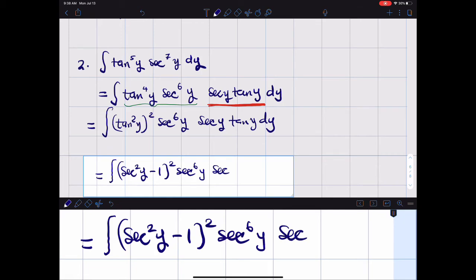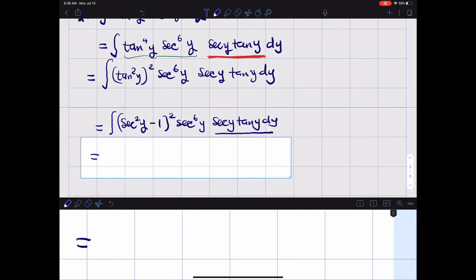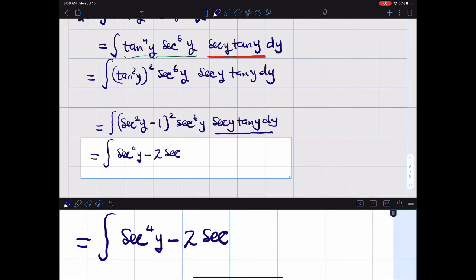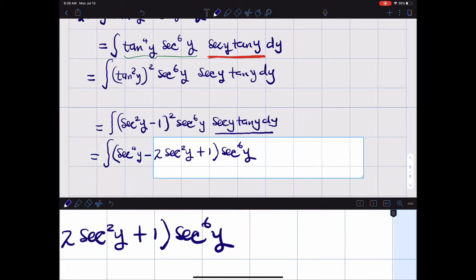And then we have secant y tangent y dy. Remember, this is what we're saving. Okay, now we expand. If you expand this, you get secant to the power of 4 y minus 2 secant squared y plus 1, and then you're multiplying it by secant to the power of 6 y. And then you're saving your secant y tangent y dy.